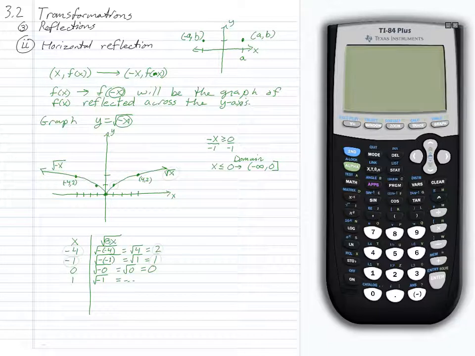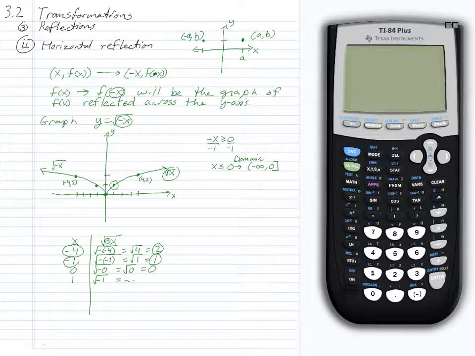So that negative inside now allows me to achieve the same output by inputting the opposite x value. On the original graph of our function, in order to get 2, we would have to plug in positive 4. Now we're plugging in negative 4. In order to achieve y equals 1 on the original graph, I had to plug in positive 1.